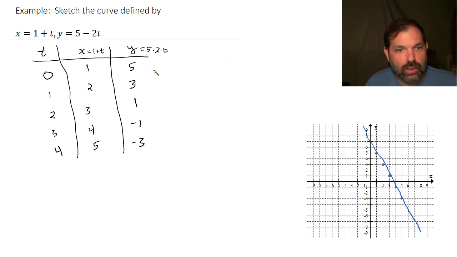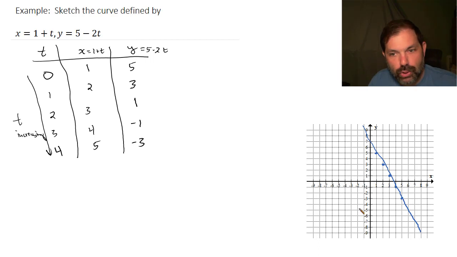So in a sense, it went from 1, 5 to 2, 3, right? So t is increasing here, and so we have to show that direction. So it's going from 1, 5 to 5, negative 3. So the direction of this curve is like this. Let's just put a little arrow along the curve here.